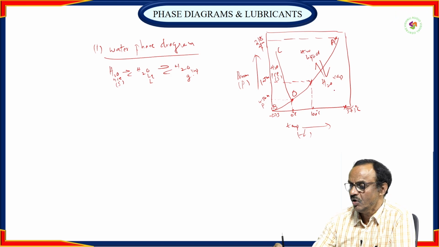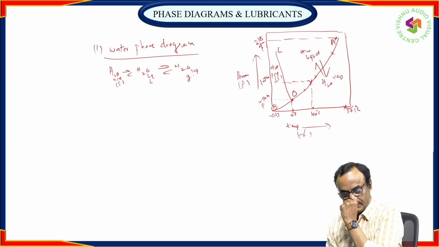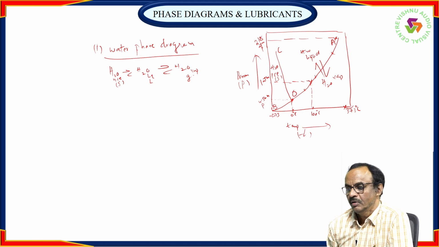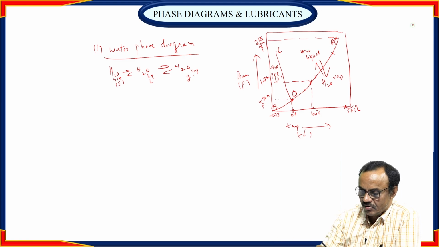Therefore, along the OA curve, at any point you take, liquid H2O and vapor H2O are in dynamic equilibrium at a given temperature and pressure. This curve is called the vaporization curve, OA.